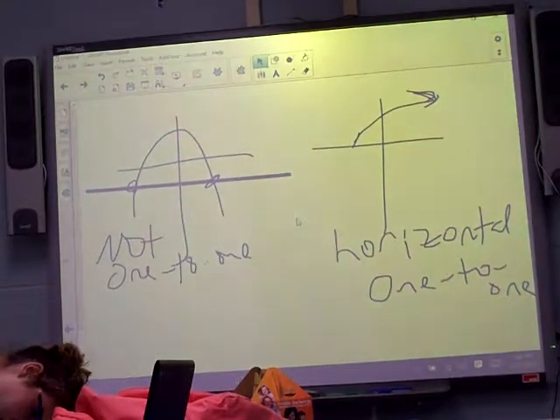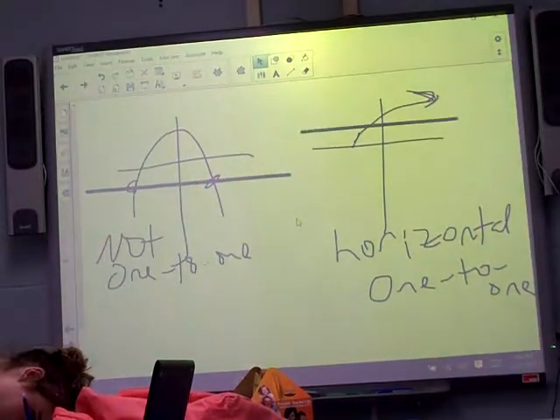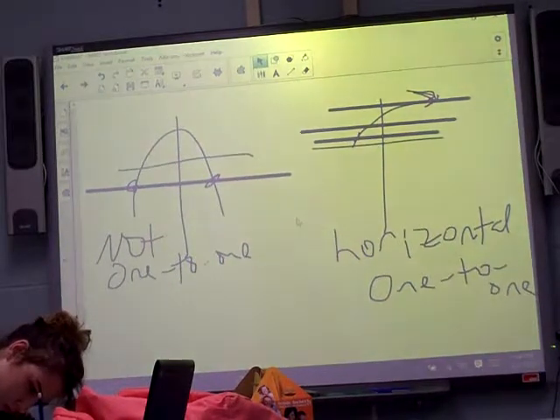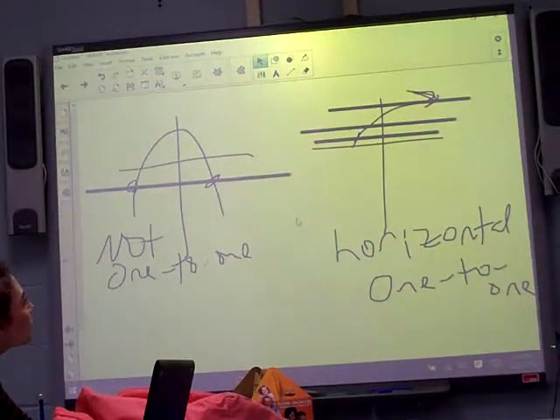Okay? What about on the other graph? What do you think on that graph where I just drew those horizontal lines through it? We could say if I started on the bottom, touch that one once, then move up, touch that one once. Up here's where it gets fishy.